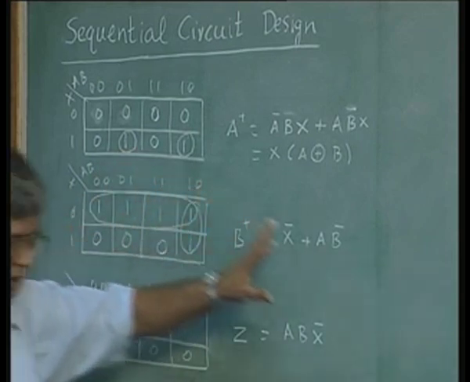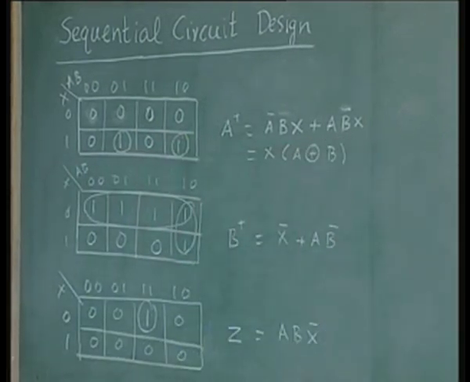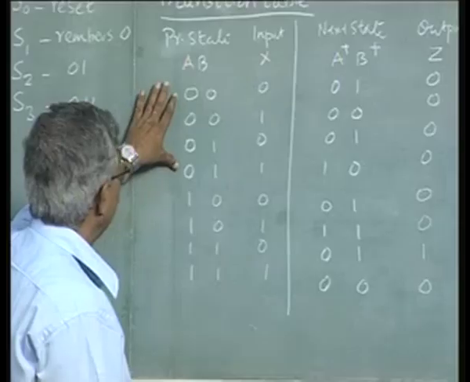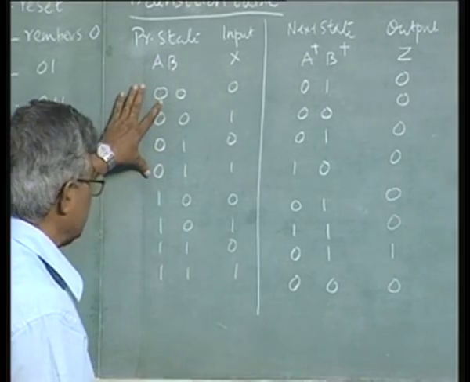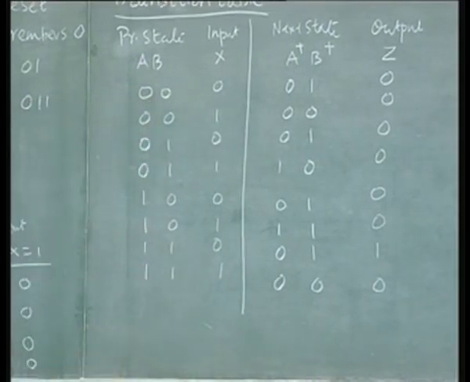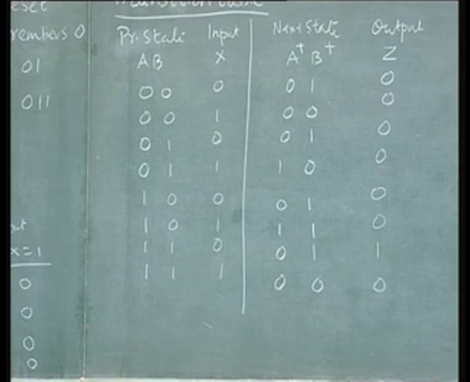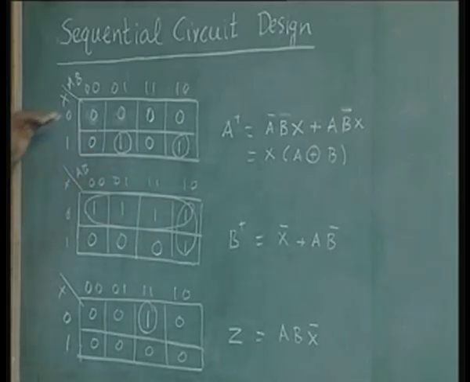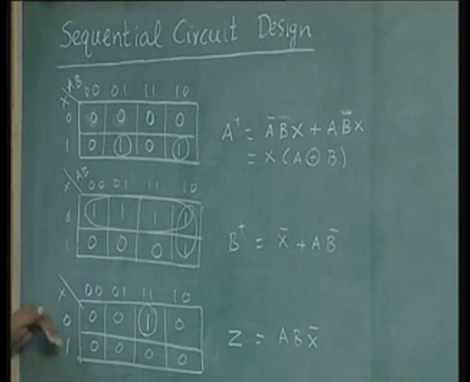We have the transition table here, and all you have to do is map this transition table into 3 Karnaugh maps, one for A plus, second for B plus, third for Z.